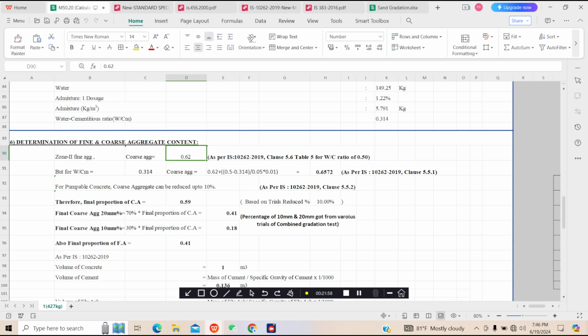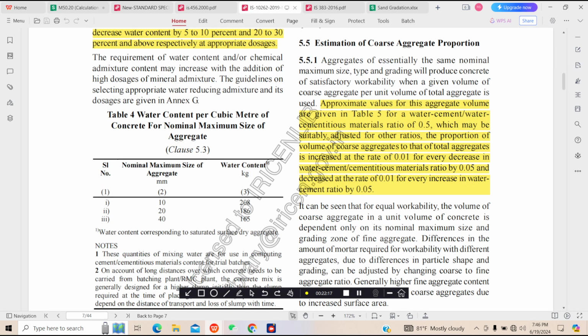The initial water cement ratio was 0.5, so it's 0.5 minus 0.314, which is the present water cementitious ratio, divided by 0.05 and multiplied by 0.01. Here they have clearly mentioned the rate of 0.01 for every change in water cement ratio by 0.05.